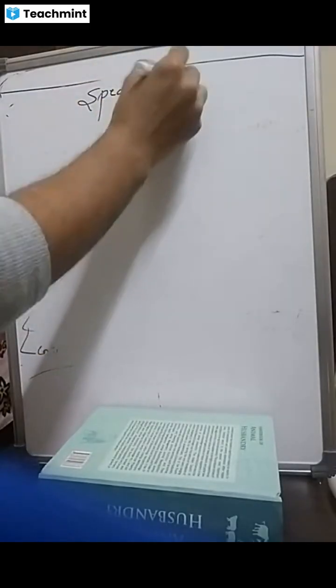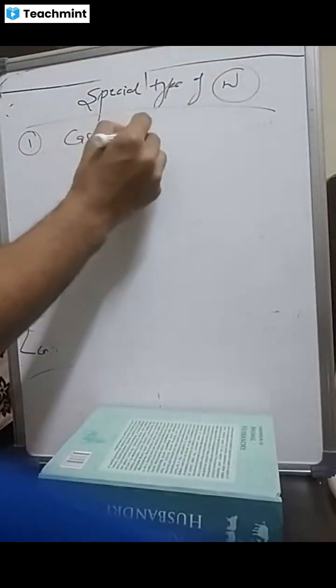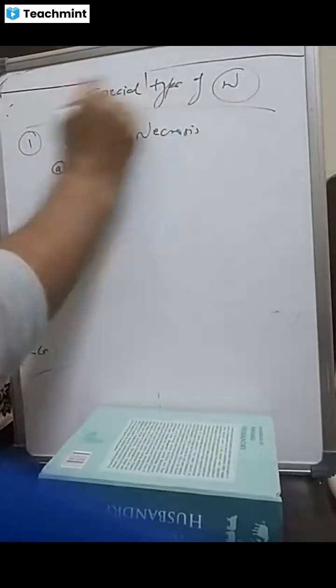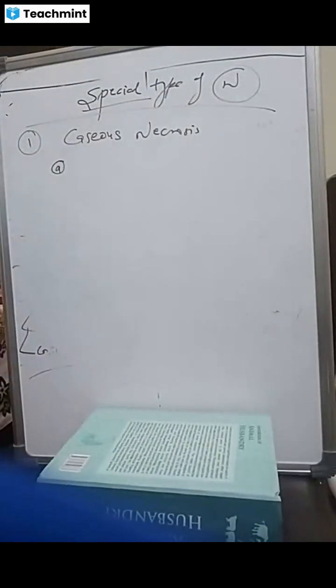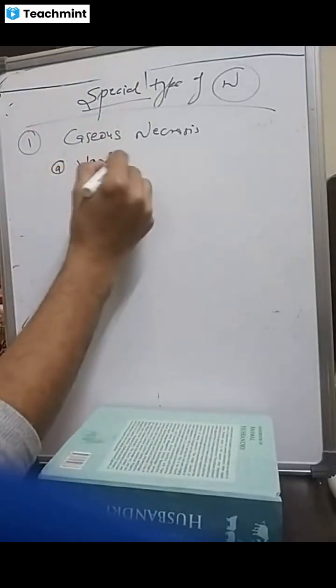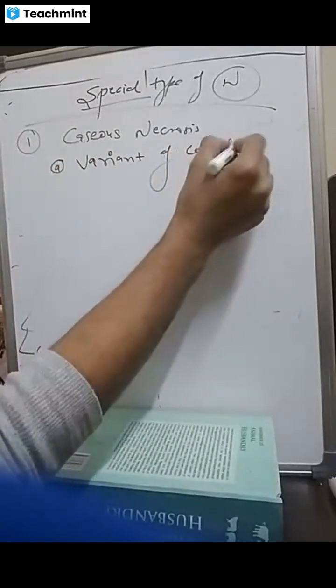Special type of necrosis number one: caseous necrosis. It is a variant of coagulative necrosis.